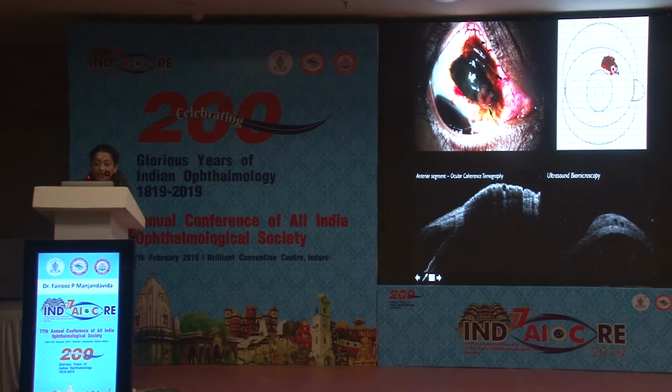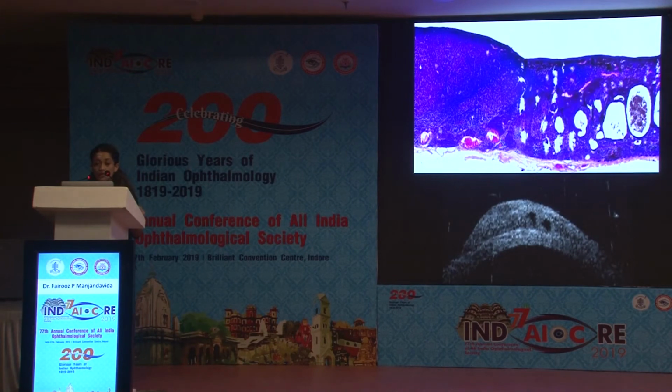You can see this fleshy area with hemorrhages, lots of vascularity, and this is the anterior segment optical coherence tomography and ultrasound biomicroscopy, where you can see there is a cyst in one portion which correlates to this area, and this has become thickened. So you can see a transformation from a conjunctival nevus to a conjunctival melanoma in this case, which correlates with this pathological picture.